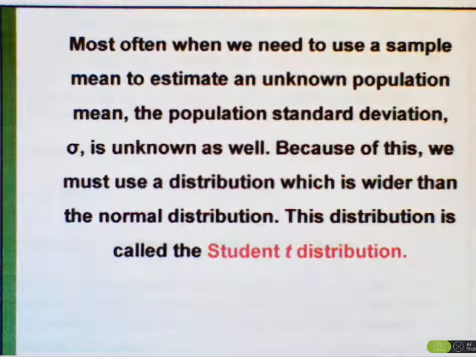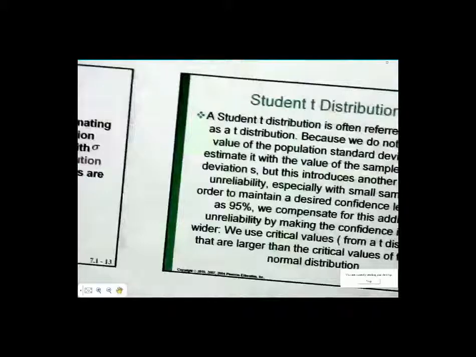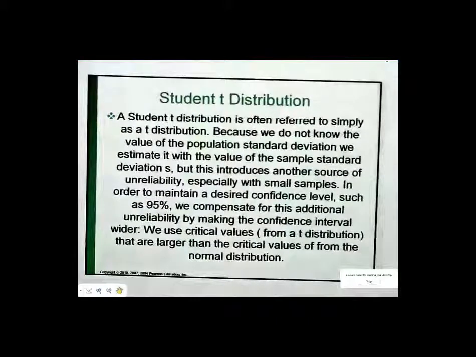We use a student t-distribution, often referred to simply as a t-distribution. Because we don't know the value of the population standard deviation, we estimate it with the sample standard deviation, but that's a little bit off.